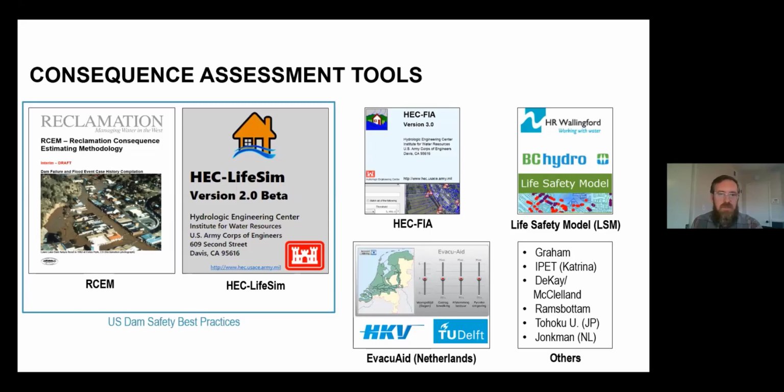And in the Netherlands, a model called Evacuate, which is paired with an evacuation model, and then this applies fatality rates to the evacuated population. And there are a whole host of others that are a little bit older in generation and I have less familiarity with, but listed there in the lower right.